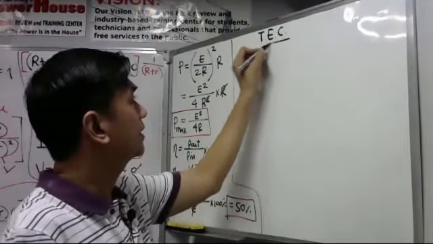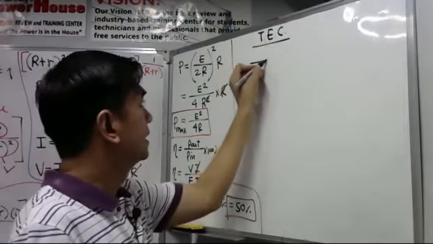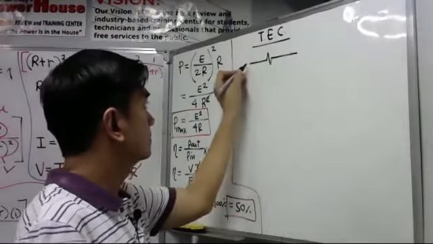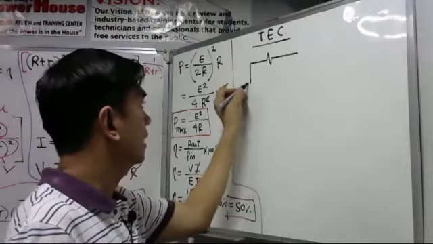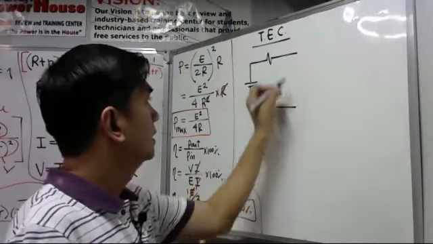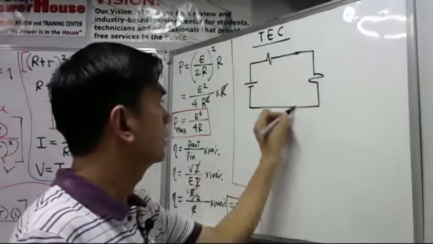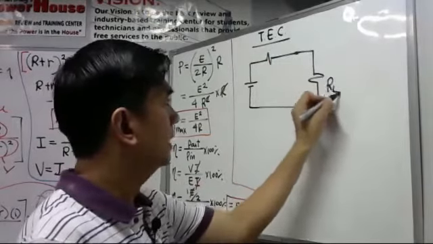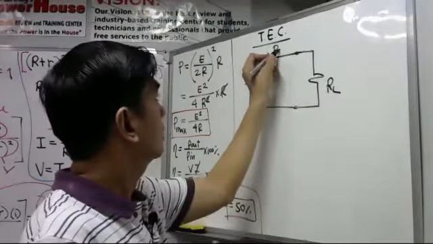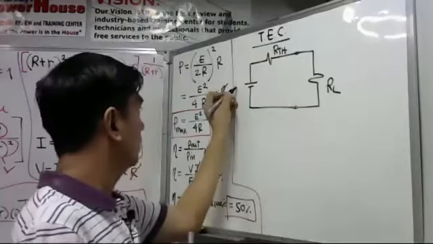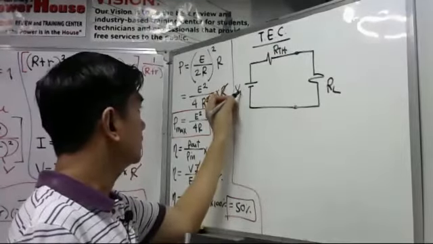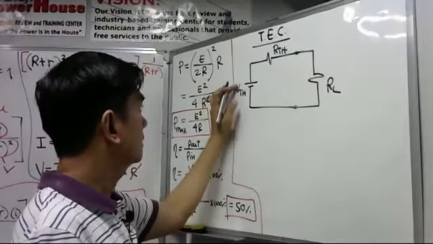Do you remember our Thevenin's equivalent circuit? So this is our RTH and our VTH. Then our load resistor here, this is our RL.